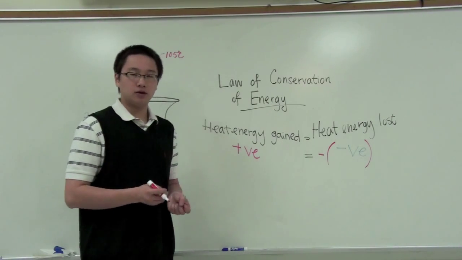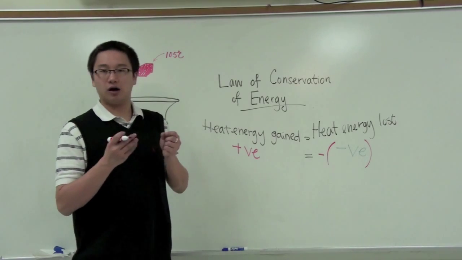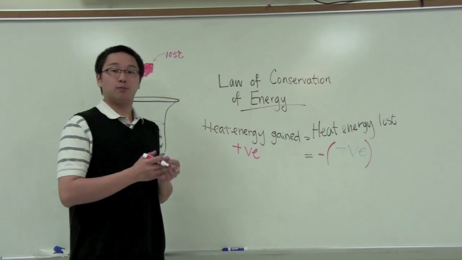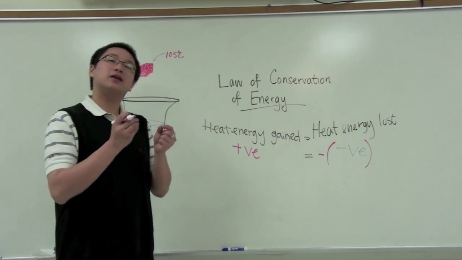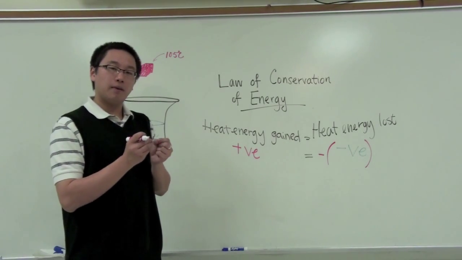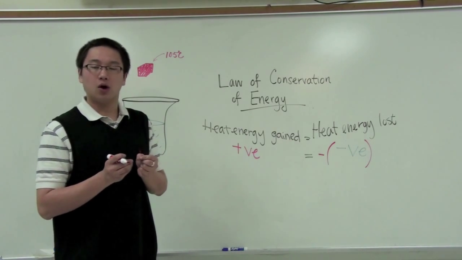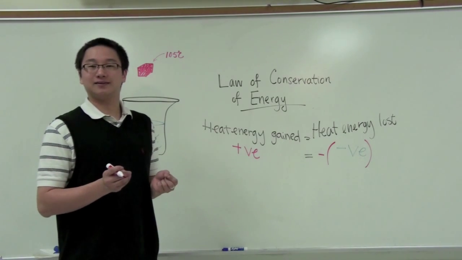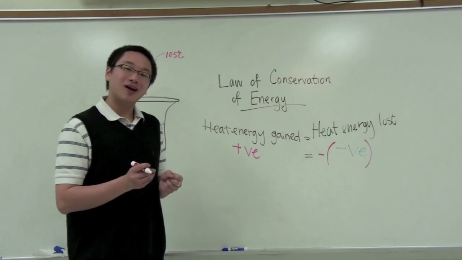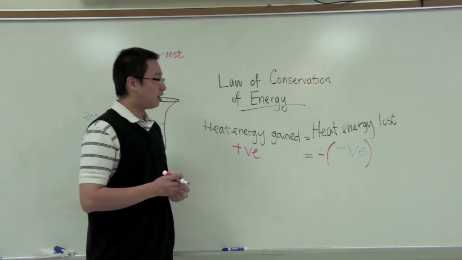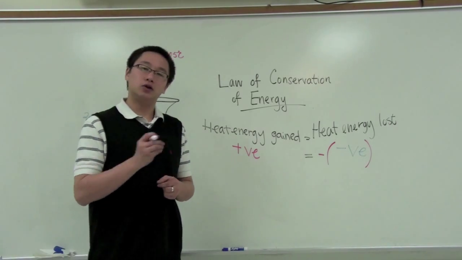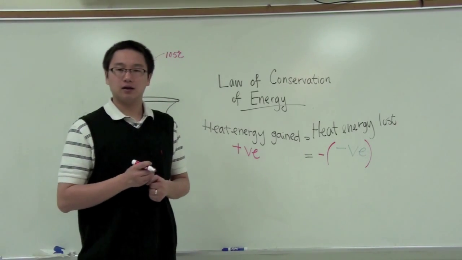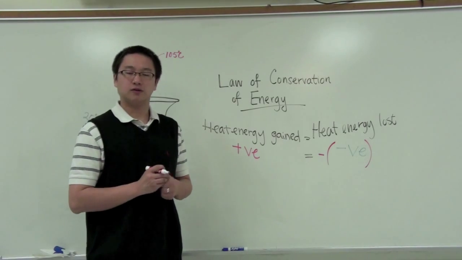It's just the manipulation of the sign and the algebra work that may involve big numbers, decimals, and units, and it is that part that makes the whole calculation very interesting. So I hope you understand the concept behind heat transfer based on the law of conservation of energy. In the next part, we will go ahead and take a look at the detailed calculations for this problem.